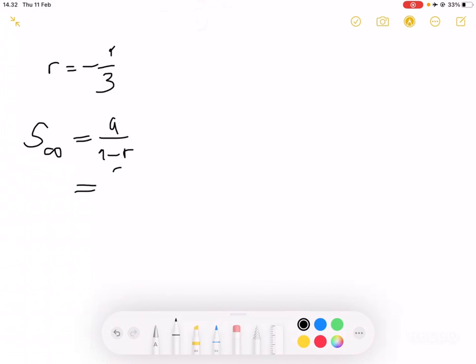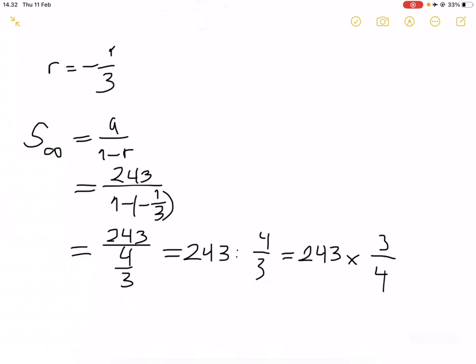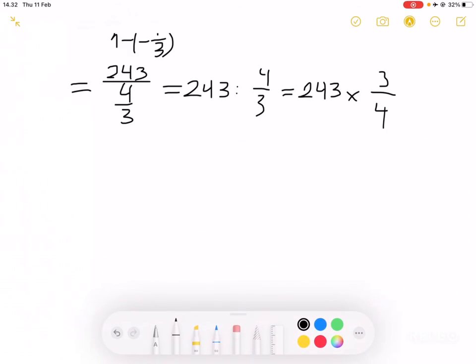So remember, the first term is 243. The bottom part will become like so. 243 over, the bottom part will be 4 over 3. Rewriting this as a division problem, flipping the numerator and denominator, we'll get the answer will be 729 over 4.